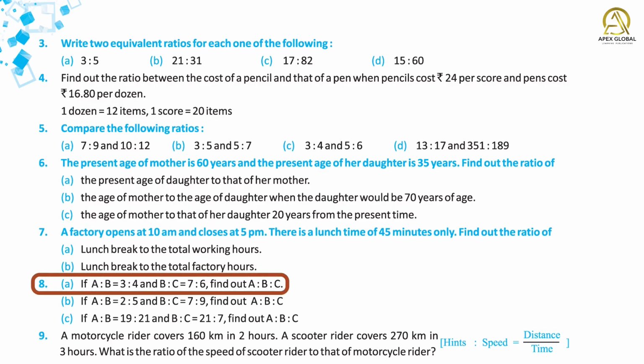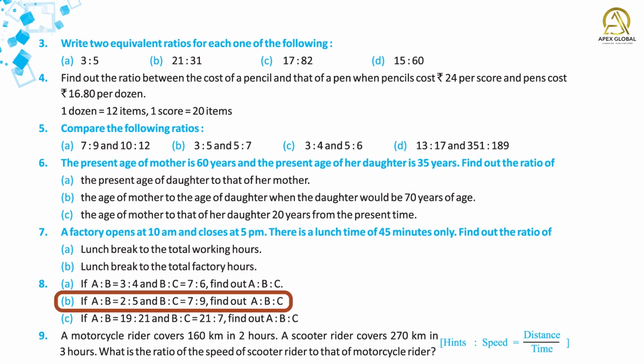Question 8. A. If A ratio B equals 3 ratio 4 and B ratio C equals 7 ratio 6, find out A ratio B ratio C. Solution 21 ratio 28 ratio 24.